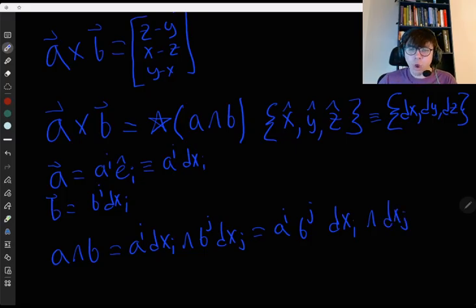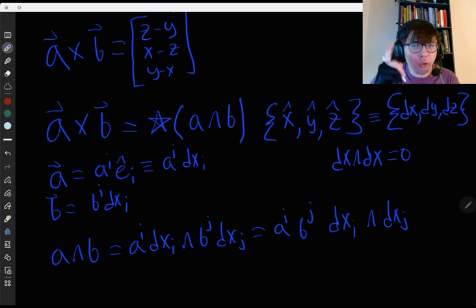So what can this be written as? Well, remember what we saw above, that if I have the same thing, it equals 0. And the reason for that was what?